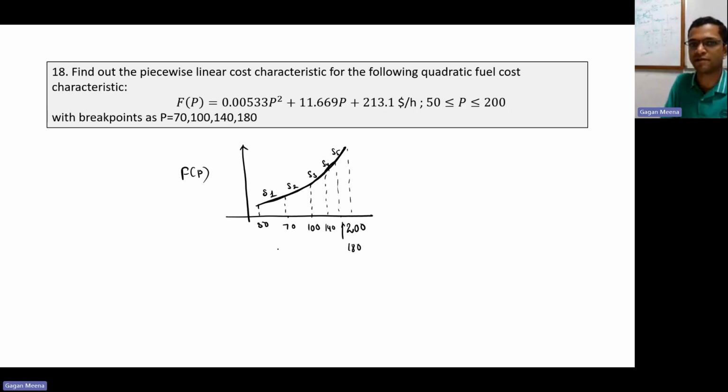We have 6 breakpoints, 4 are these and 2 are min and max. Total 6, so 6 minus 1 slopes, total 5.